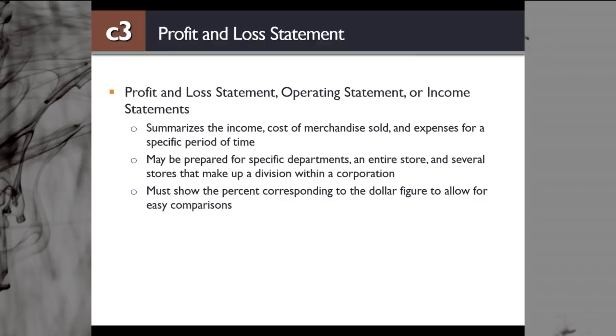That means not just the dollar amount. So if you have this dollar profit, but when you convert that to percent, you may get a different percentage.